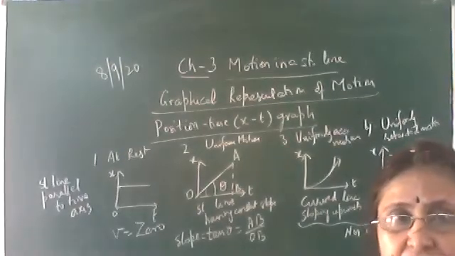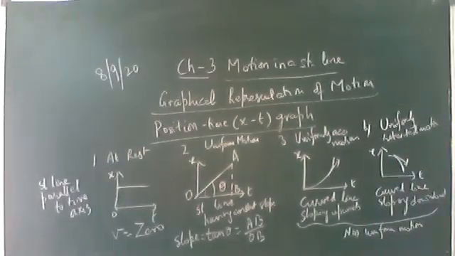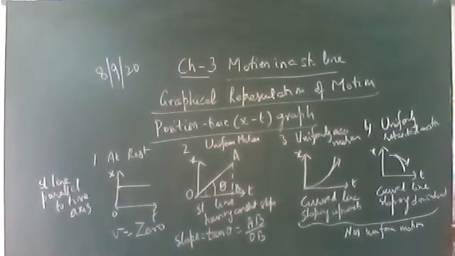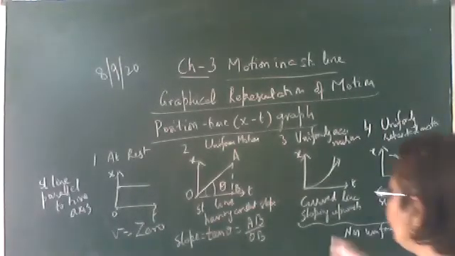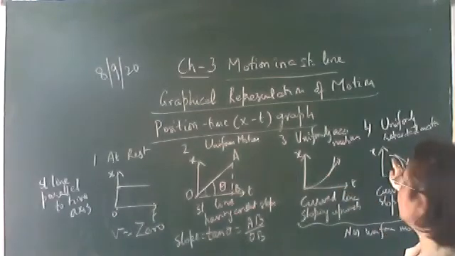So here we have discussed the position time graph for various types of motions. An object which is at rest, the graph is a straight line parallel to the time axis. Uniform motion, a straight line having some slope, and this slope is giving the velocity. Uniformly accelerated and uniformly retarded motion, it will be a curved line, either sloping upwards or sloping downwards. Okay, so at any point, if you have to find out the velocity, we draw the tangent at that point.